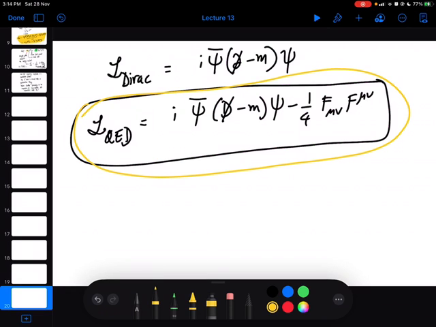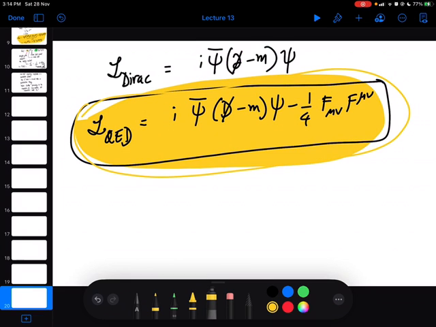Isn't it wonderful that I wrote this in one single step? I didn't have to do anything, because we know the technique and we know the Lagrangian. So in one shot, I showed that this is your QED Lagrangian.